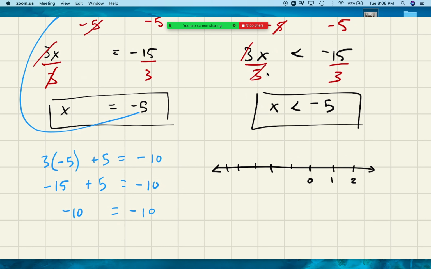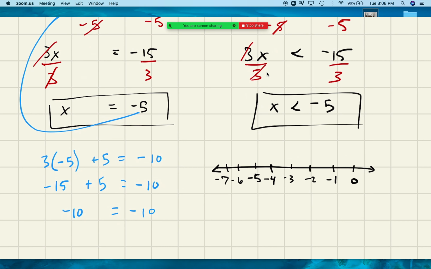That's not good, actually. Let's say this is 0 over here, and I'm counting down. So 1 is over here, 2, and so forth that way. I'm just going to focus on that negative 5 part. Negative 1, negative 2, negative 3, negative 4, negative 5, negative 6, negative 7.